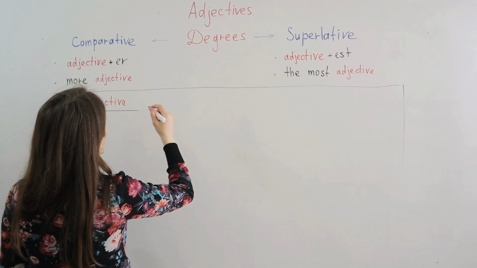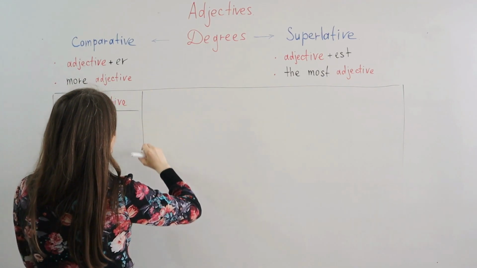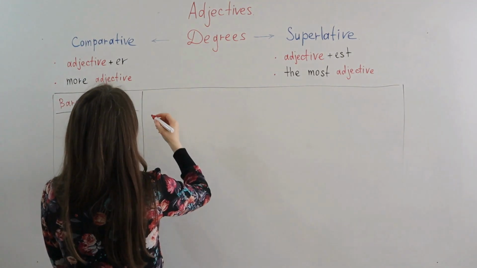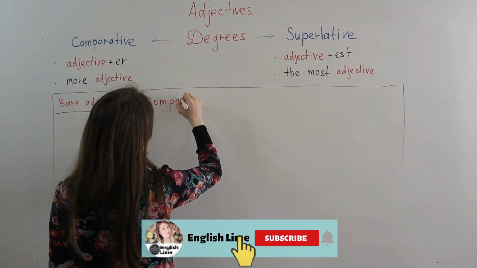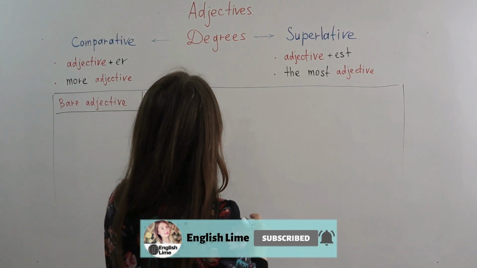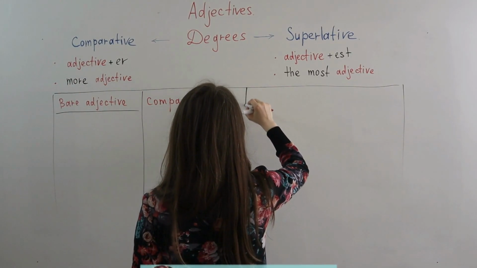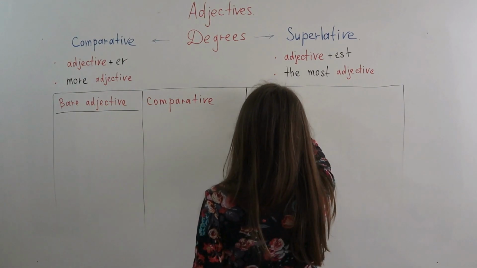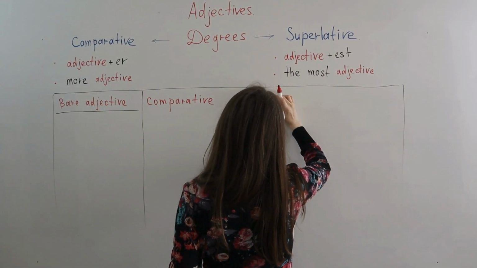Next, we will have, let me write like that. We will have comparative degree. I will write just comparative. And finally, we will have superlative.